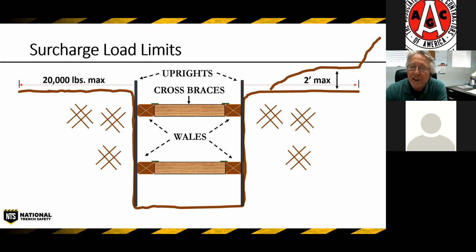Again, it's because these surcharge loads pushing down, translating into lateral forces, could overwhelm the structural shoring system. The size and spacing of these shoring members are not going to be considered adequate if the surcharge load is too great.